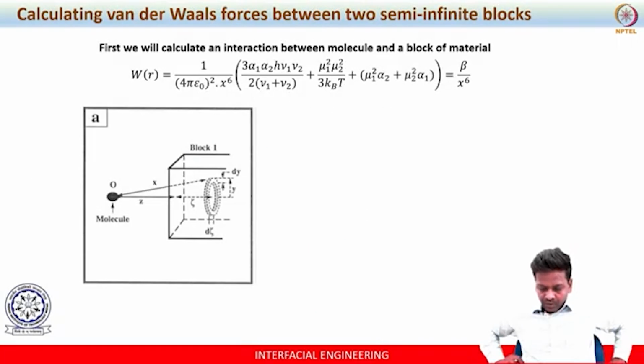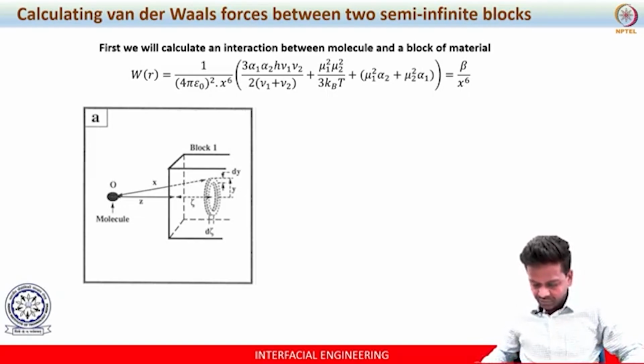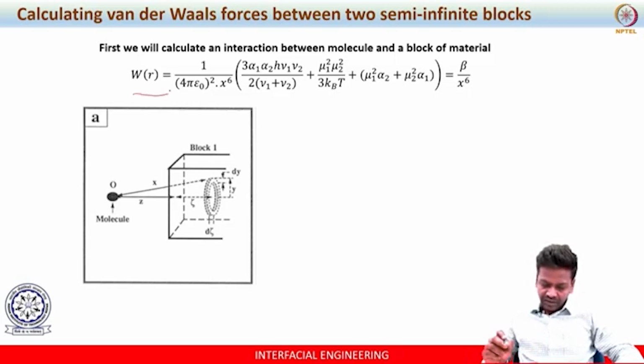Yes. So now, in this section, we will look at how to calculate the pairwise interaction between two semi-infinite blocks. What is given here is the WR, which is nothing but the interaction energy per molecule.